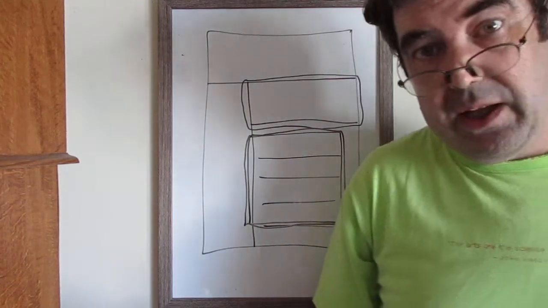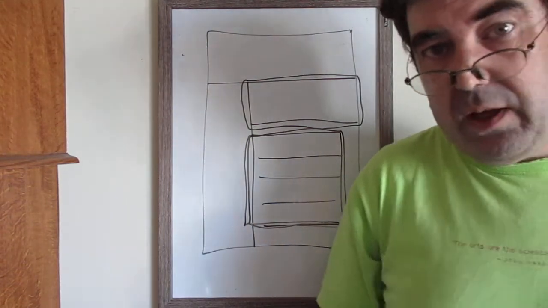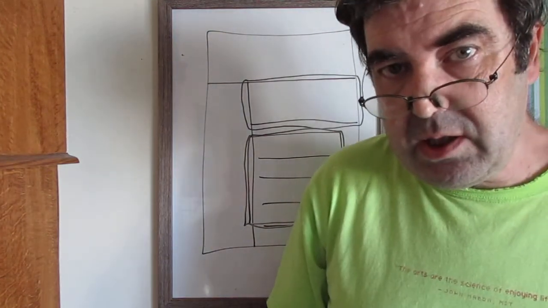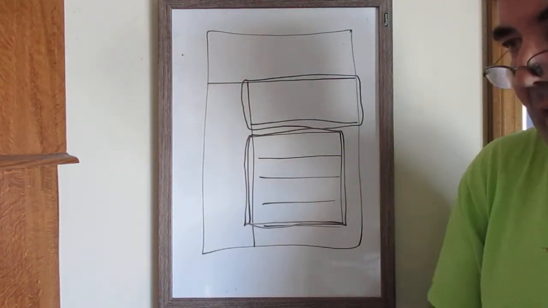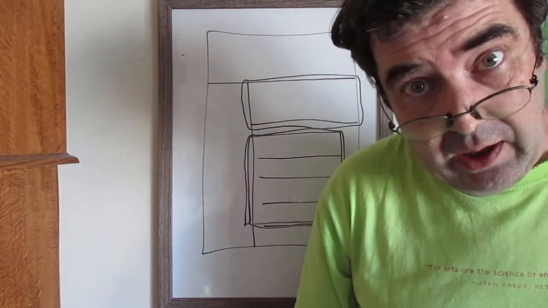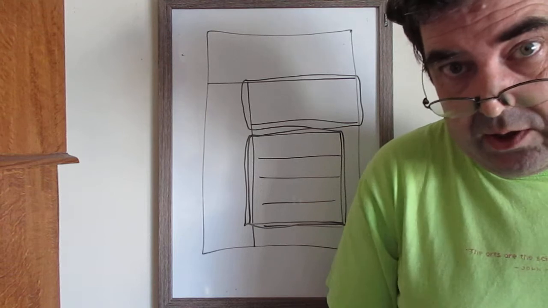So you're going to have text, you're going to have images, you're going to have a combination of text and images. You're going to have text that has heterogeneous font, which is typically the case with many web pages.